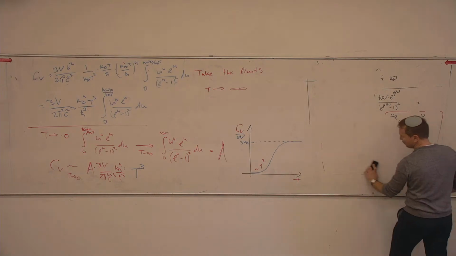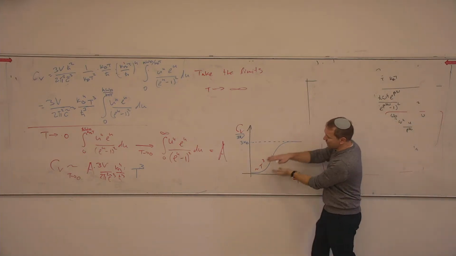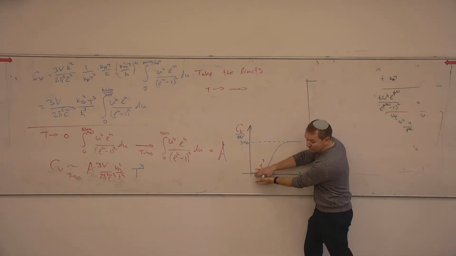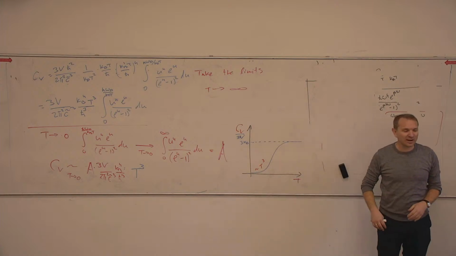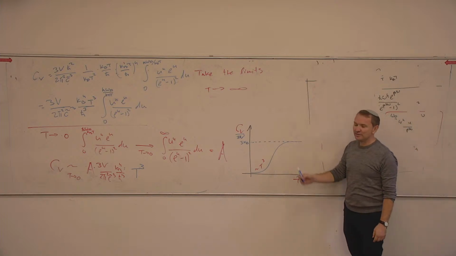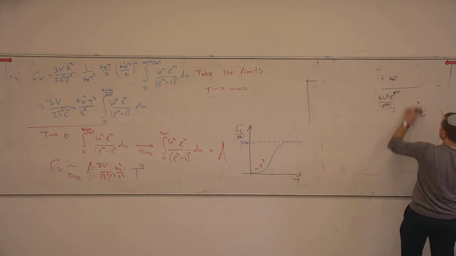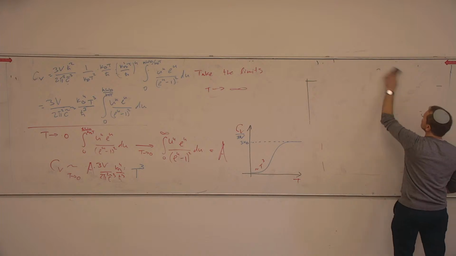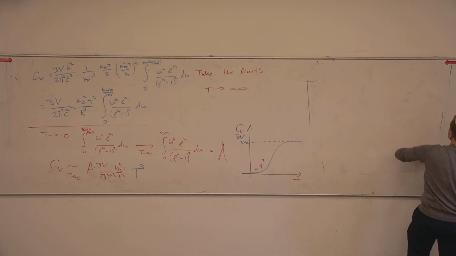Well, you know, Einstein was right over here, Debye was right over there. Everybody is right somewhere, right? But the beauty of Debye is that when we take this T to infinity limit, we obtain the exact same result as Einstein did.